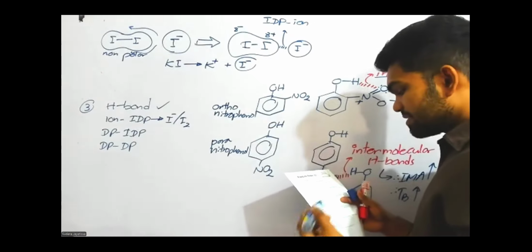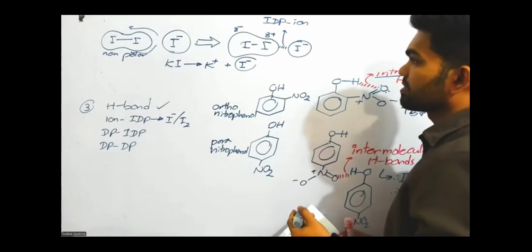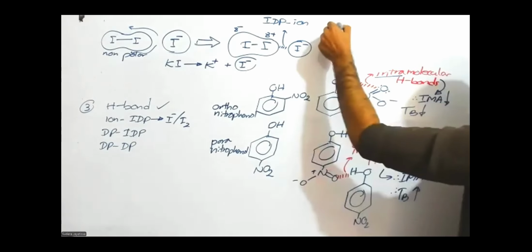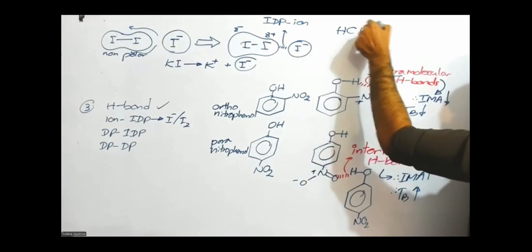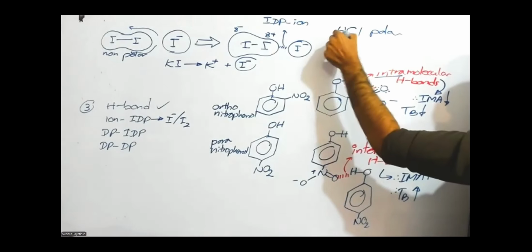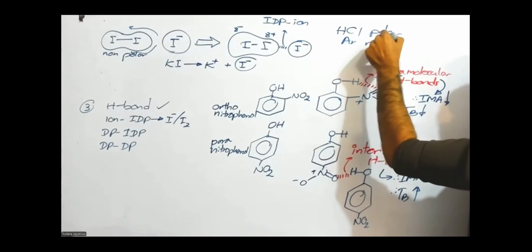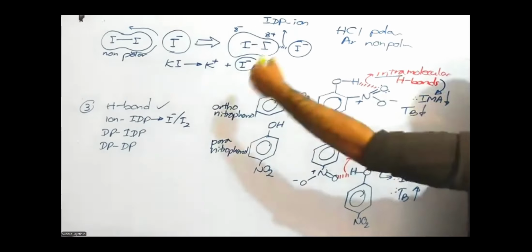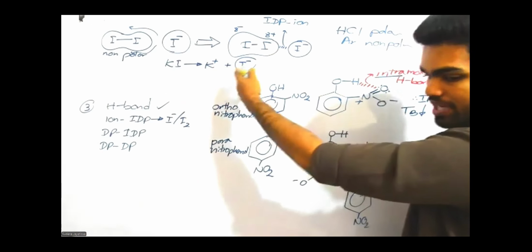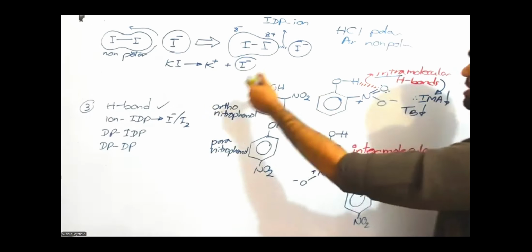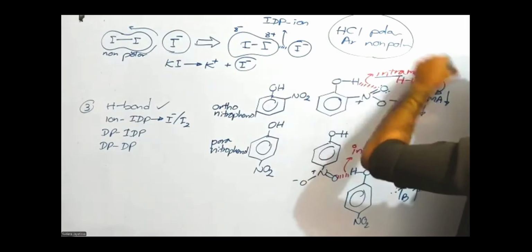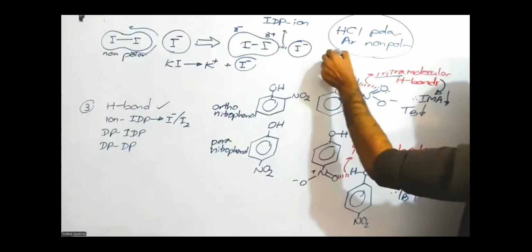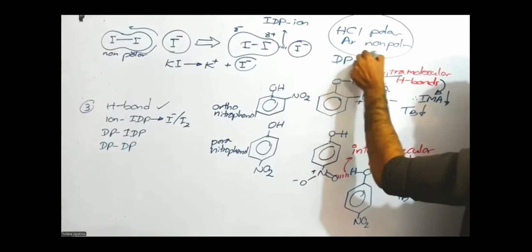And then the next one, HCl and argon. HCl is a polar molecule and argon is a non-polar molecule. So polar and non-polar follows a similar way. You can remind yourself of that by looking at the book. So polar and non-polar is making dipole-induced dipole.